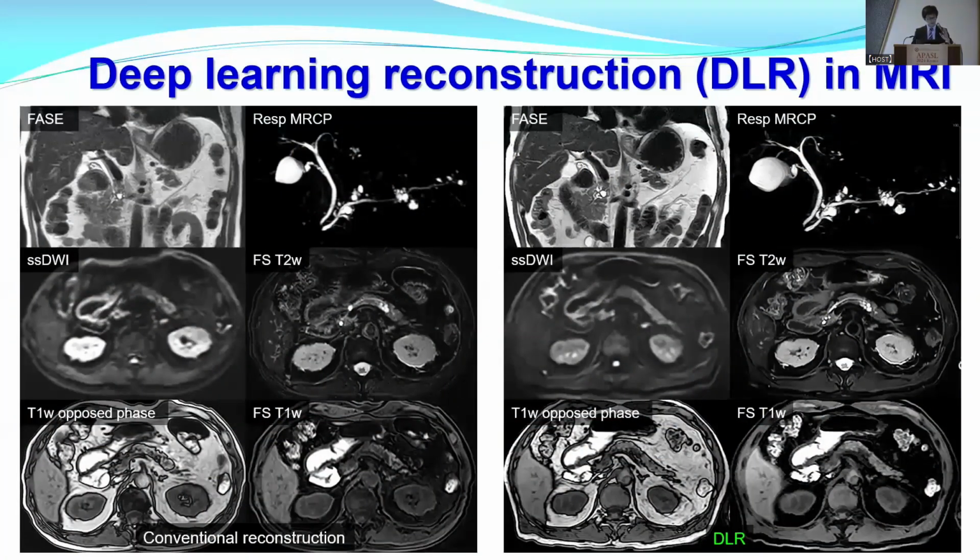Firstly, deep learning reconstruction algorithms have been developed and implemented into clinical MR imaging, trained to improve image quality. This is hepatobiliary MR imaging with several sequences reconstructed by the conventional reconstruction algorithm, and the right side shows images with deep learning reconstruction algorithms.